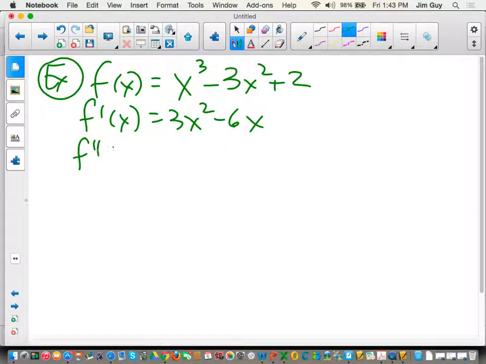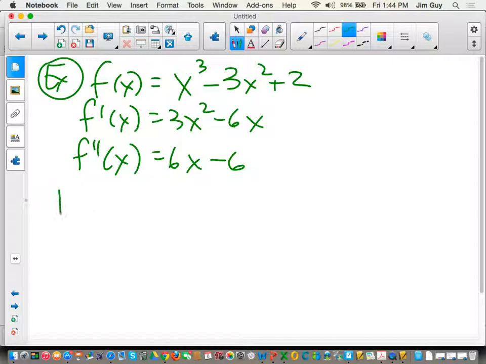And now we're going to find the second derivative, 6x minus 6. When we took the first derivative and set it equal to 0, we called those critical points. When you take the second derivative and set it equal to 0, there technically isn't an official name for that. Some books will call it critical points for the second derivative. Other books will say possible points of inflection. You see that probably more than anywhere.